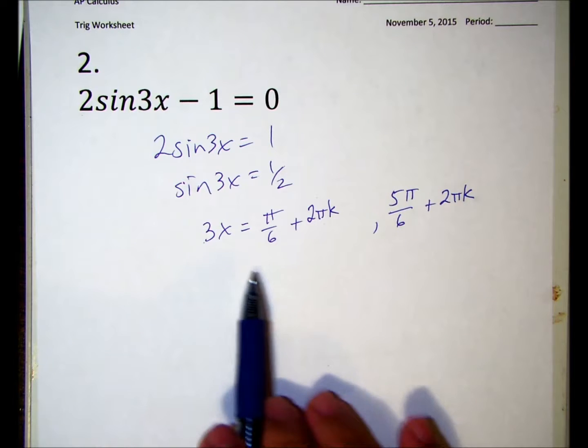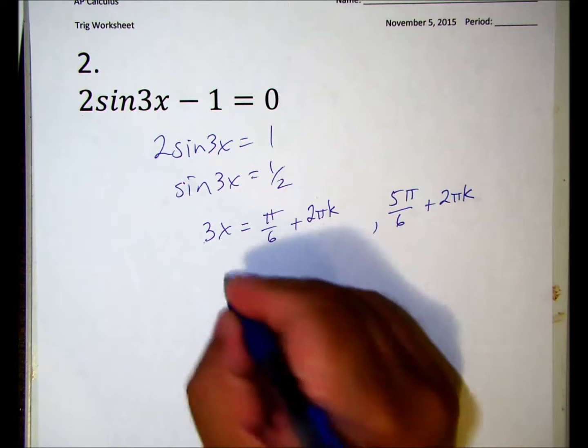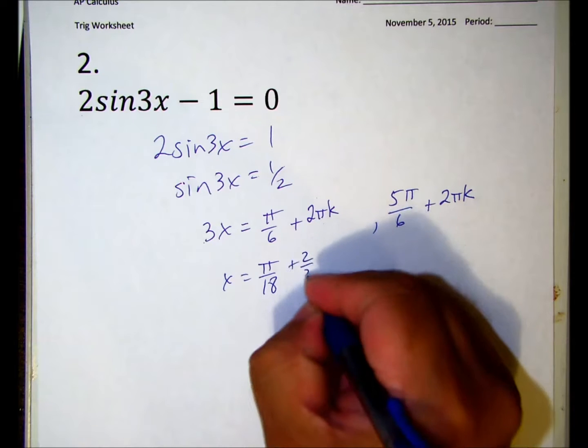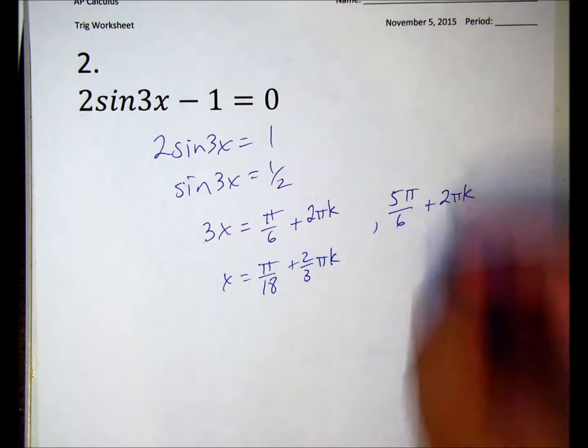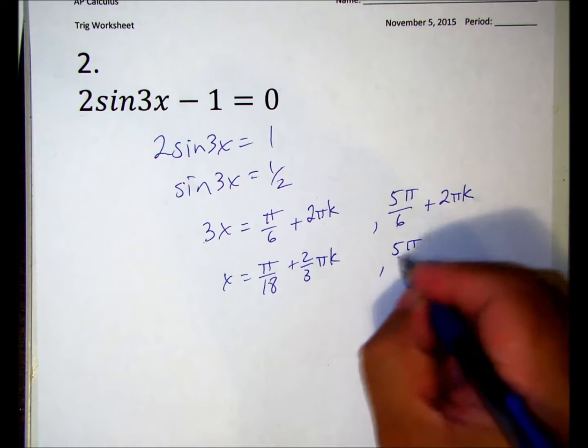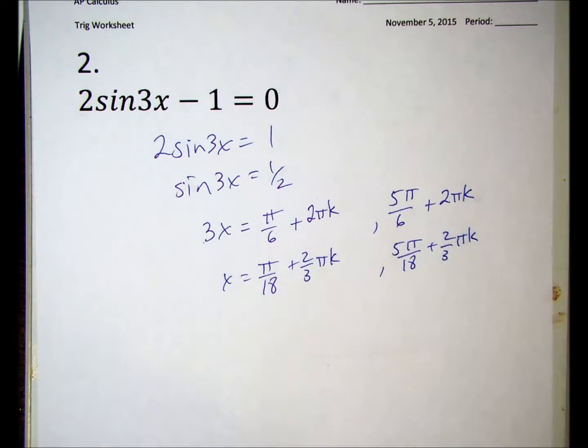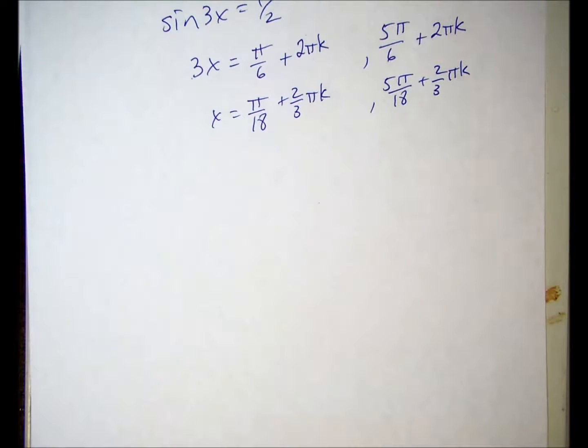Alright, so we're going to continue with this. I'm going to divide by 3, giving me x equals pi over 18 plus 2/3 pi k. And continue over on this side, it'll be 5 pi over 18 plus 2/3 pi k. Now, what we're going to do is let k range from 0 to whatever will fit.